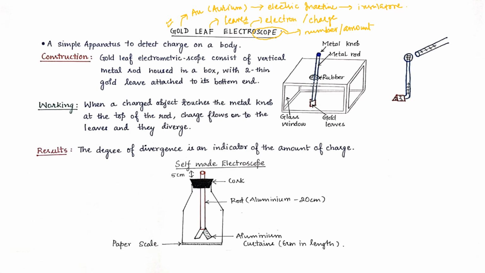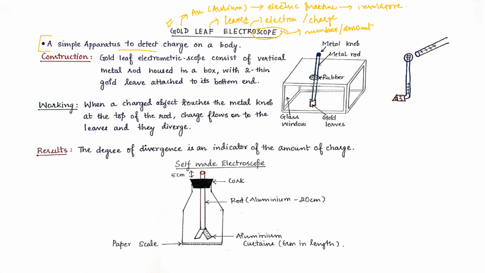So what the term gold leaf electroscope basically means is an apparatus which has leaves made up of gold, and it is used to detect the number of charges or electrons in a system or on a body. Defining this in a single line: a simple apparatus to detect charge on a body.